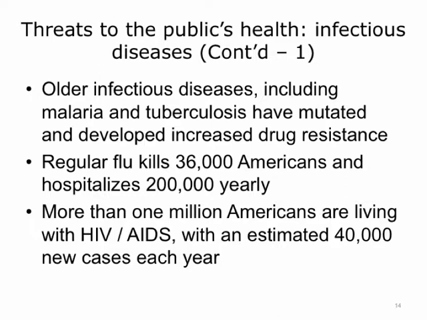Older infectious diseases, including malaria and tuberculosis, have mutated and developed increased drug resistance. The flu kills approximately 36,000 Americans and hospitalizes approximately 200,000 each year. Currently, more than 1 million Americans are living with HIV/AIDS, with an estimated 40,000 new cases each year.